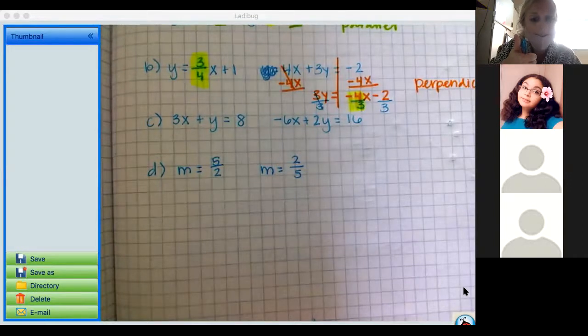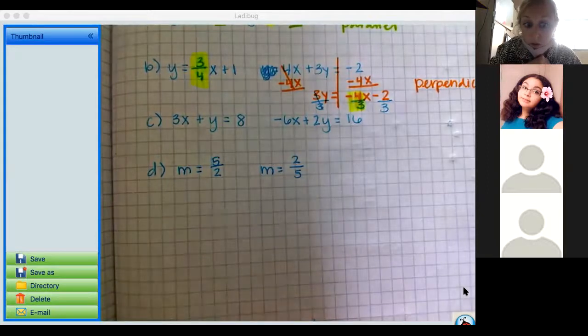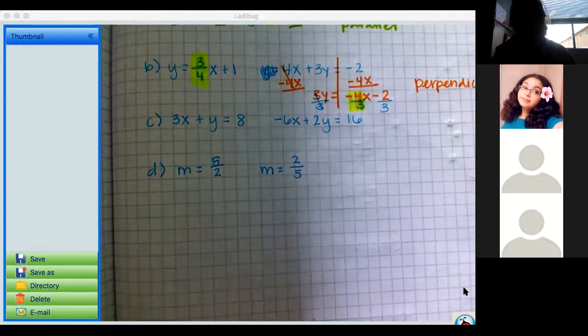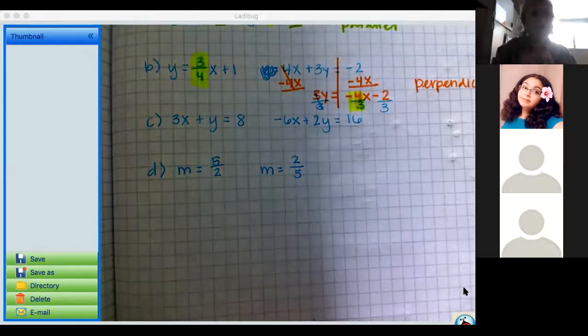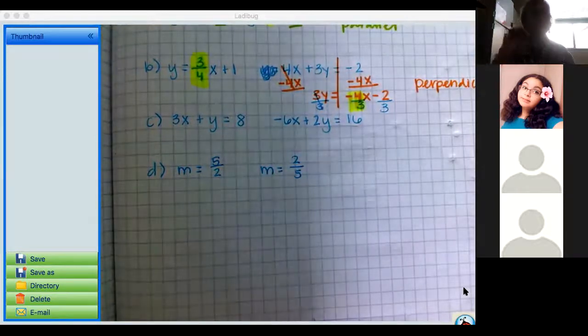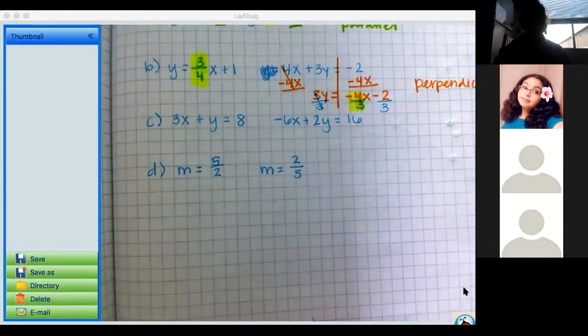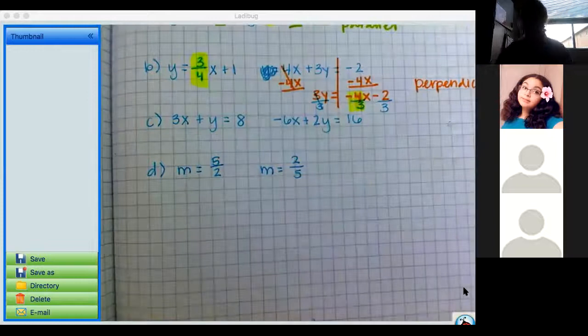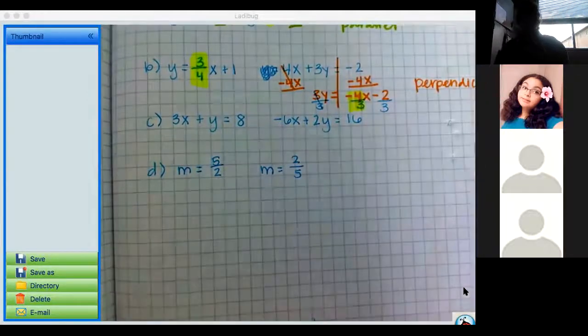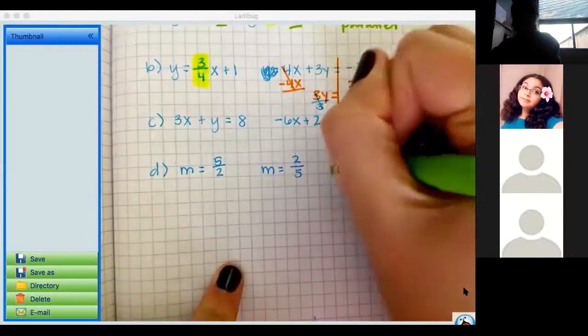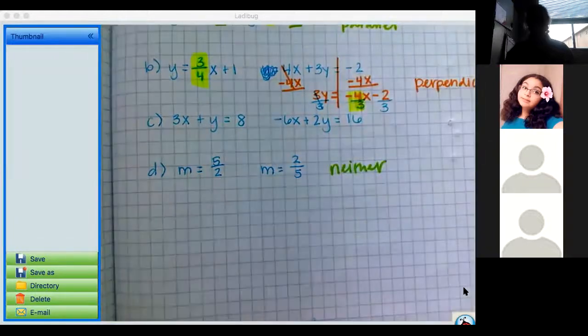Yes. Are they opposite reciprocals? No. So are they perpendicular? No. They got to be both. They got to be opposite signs and reciprocals. They are not parallel because are they the same? So this is one where you would write neither. There you go. Very good.